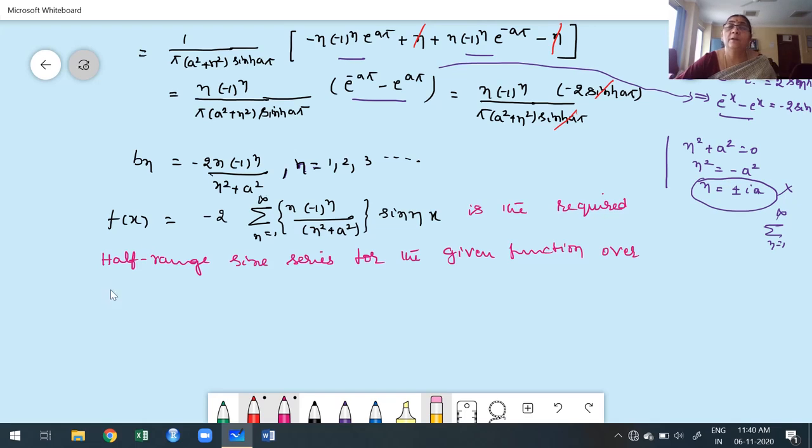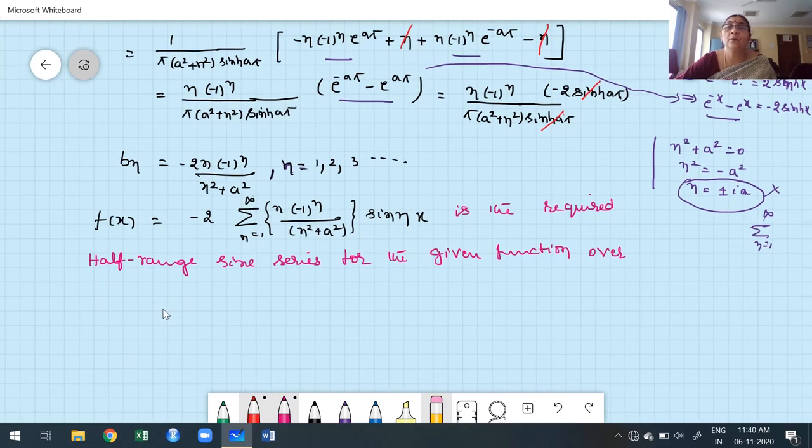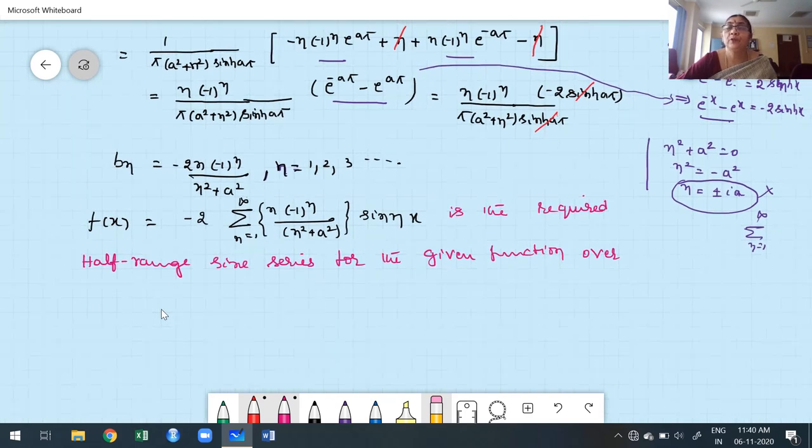The interval is actually 0 to, sorry, not 0 to 2 pi, 0 to pi. This is the way to construct the half-range Fourier sine series for the given function.